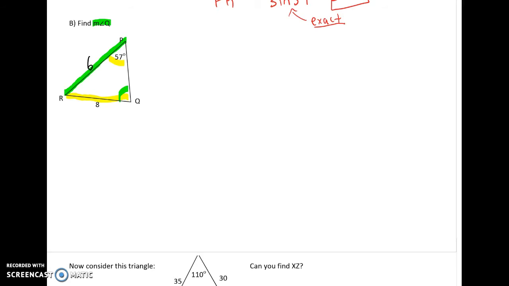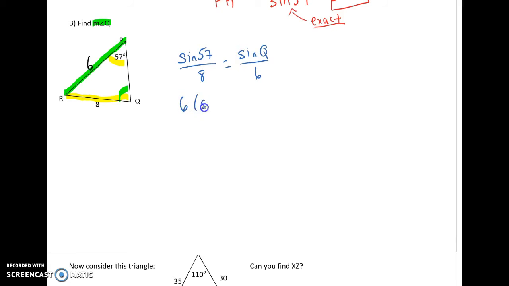Now I can be confident I can set up the law of sines. So I can say sine of 57 over 8 is equal to sine Q over 6. It doesn't matter if you're looking for sides or angles, you still want to set it up this way. Go ahead and cross multiply now.